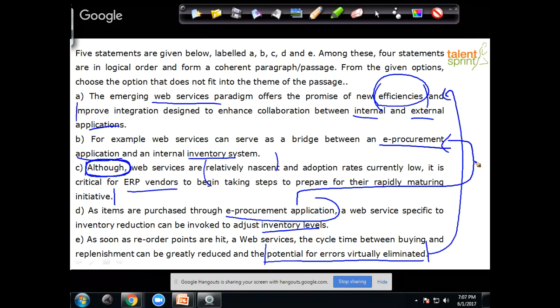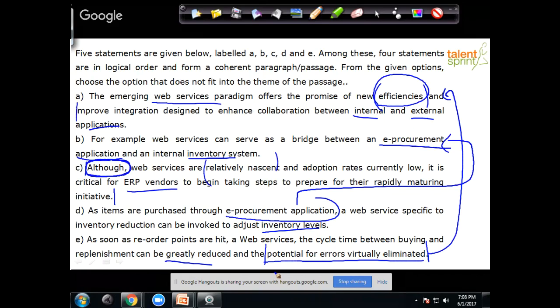Right? Even if you look at E, even if it seems like, hey, this is like some sentence, but logically, this is a sentence which is directly talking about how the web services can be more efficient by eliminating as many errors as possible, greatly reducing, and the potential for errors virtually eliminated.